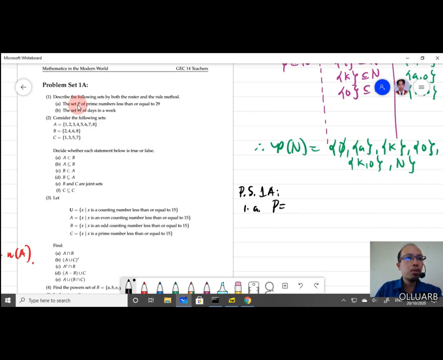So for the roster method, the prime numbers less than or equal to 29. The prime numbers will start at number 2.